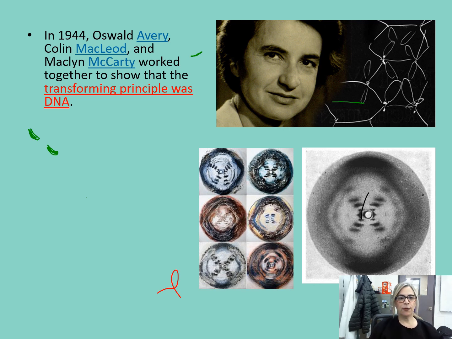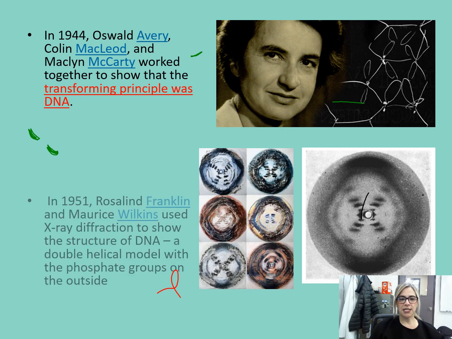In 1944, Avery, MacLeod, and McCarty worked together to show that DNA was the transforming principle. What that meant is that offspring were not genetically identical to parents because of DNA and because of that transformation of DNA that occurs during the production of gametes, eggs and sperm, and of course during fertilization.